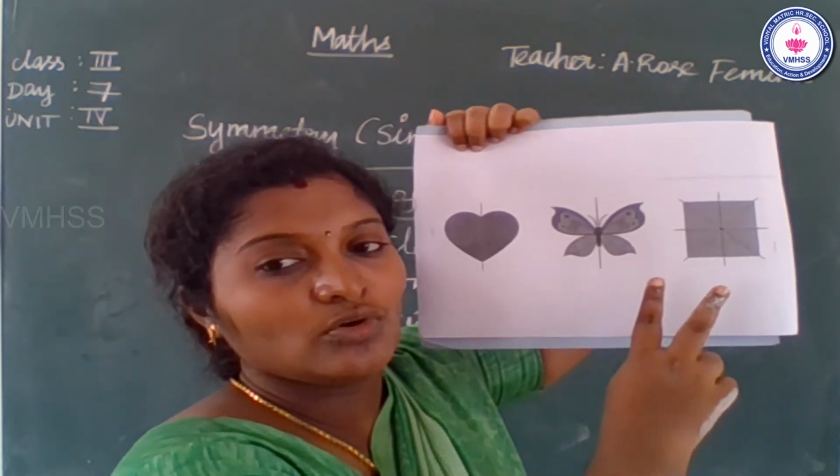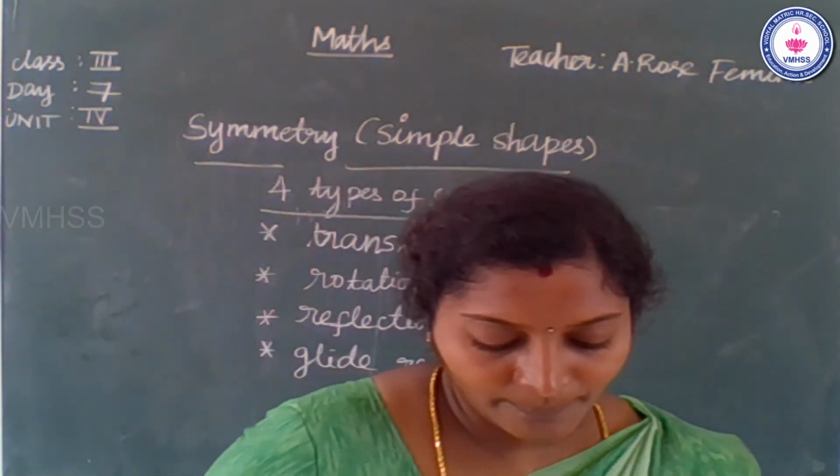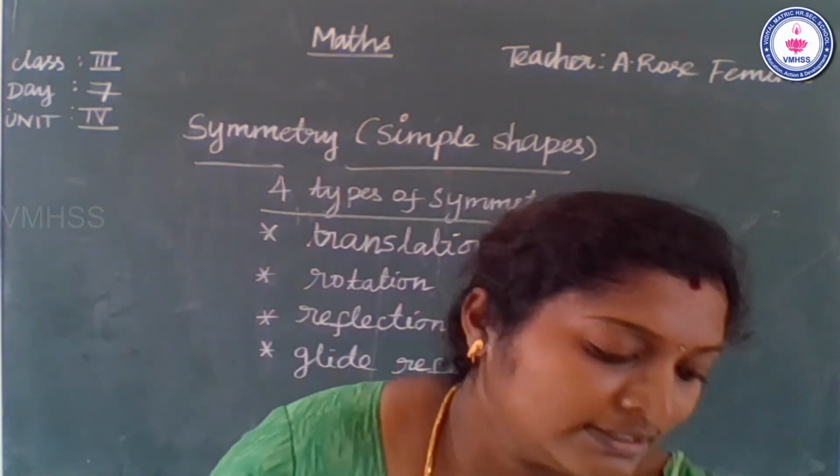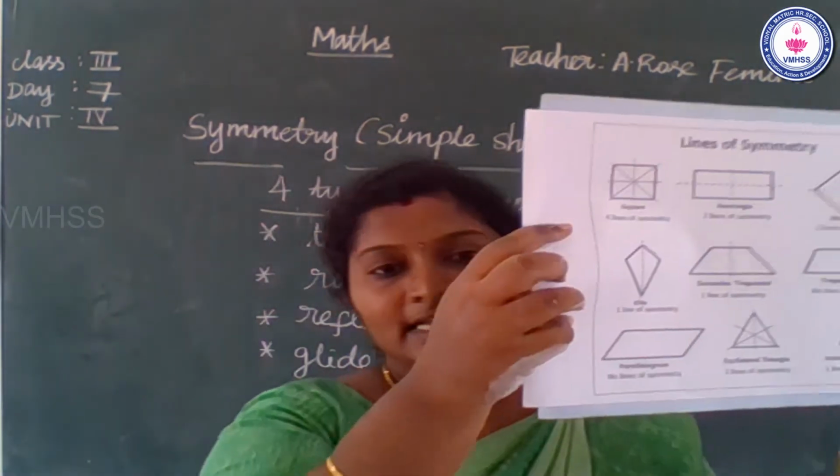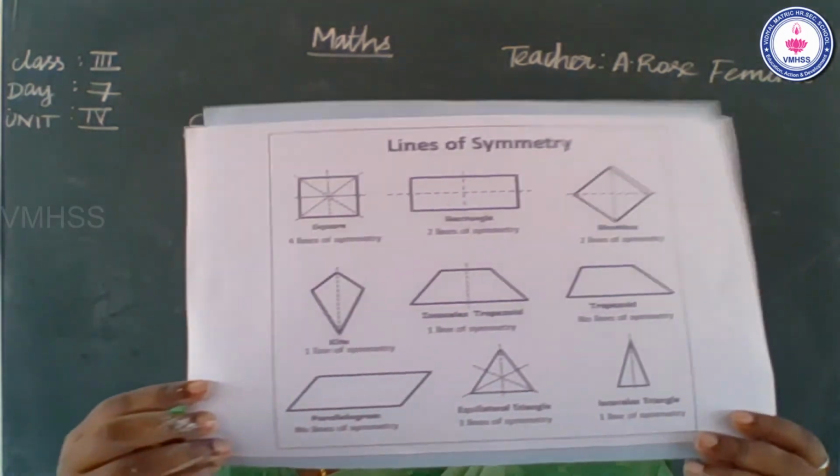The next one is also a symmetrical image. These are also some examples of lines of symmetry.